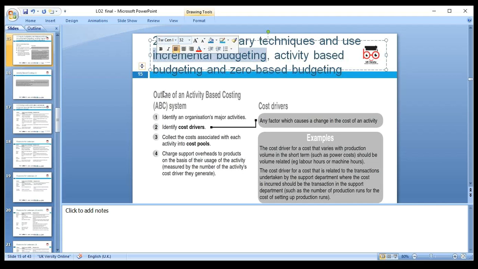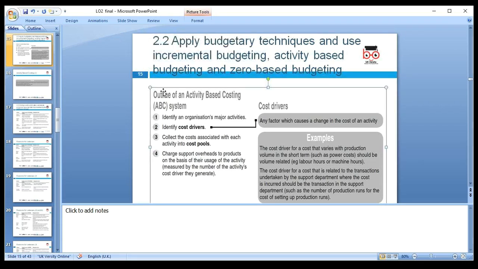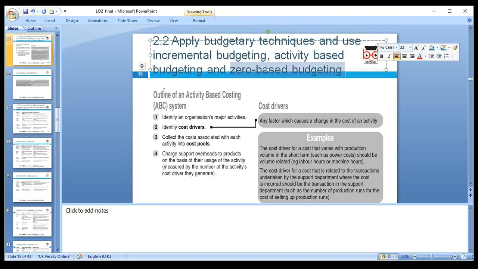What about zero base? Zero base means whatever income is coming in and the expenses are the same. You start every time from zero. All estimates start from zero, like a new budget. You don't have previous data, so you estimate from zero.